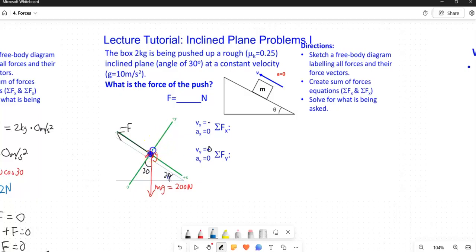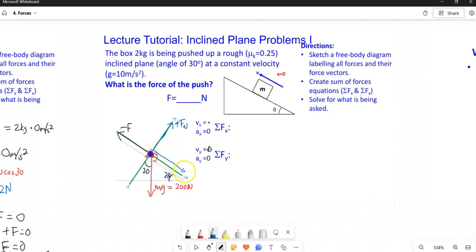This is our normal force. It's pointing in the positive y direction. And since the velocity vector is up the plane, our kinetic friction vector has to be pointing down the plane, opposite its direction. So that's going to be a positive 0.25 times the normal force. So that's our friction vector.